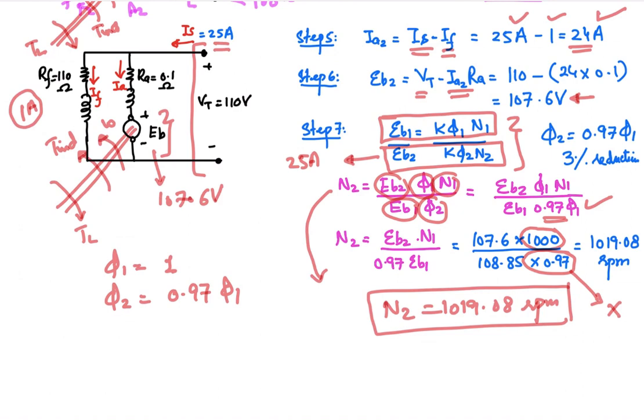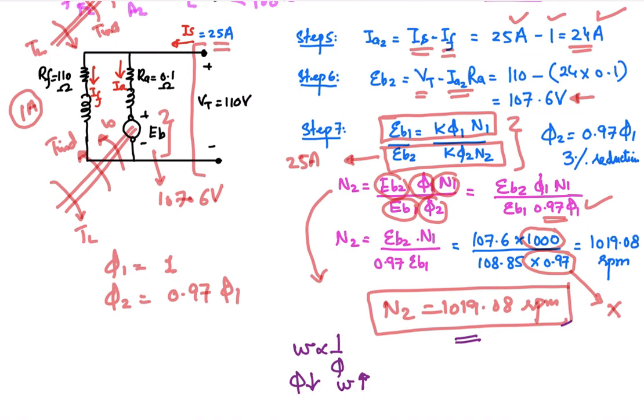Armature reaction is going to reduce the flux available at the pole by 3%, and you know that the speed of the machine is inversely proportional to the flux. So if the flux reduces, the speed increases, and that's why you observe the increase in speed here.